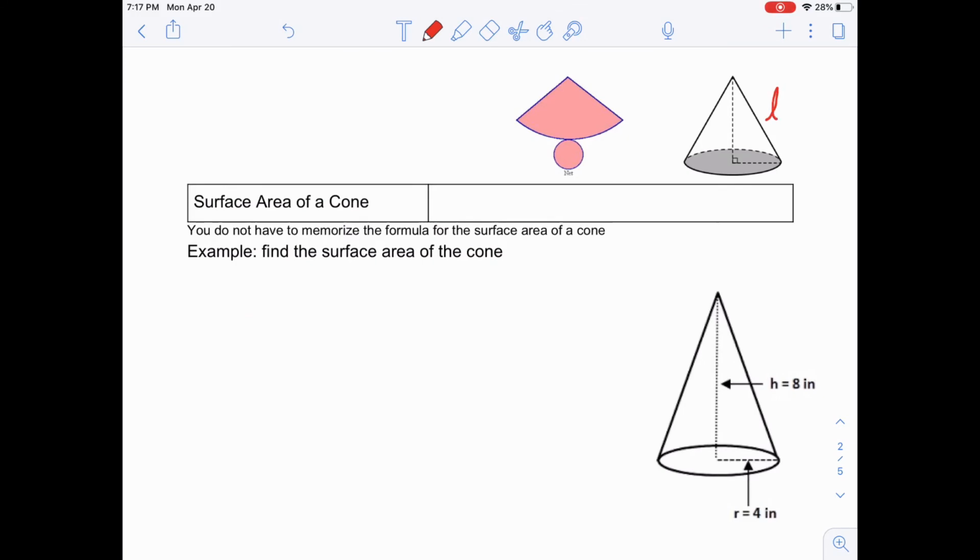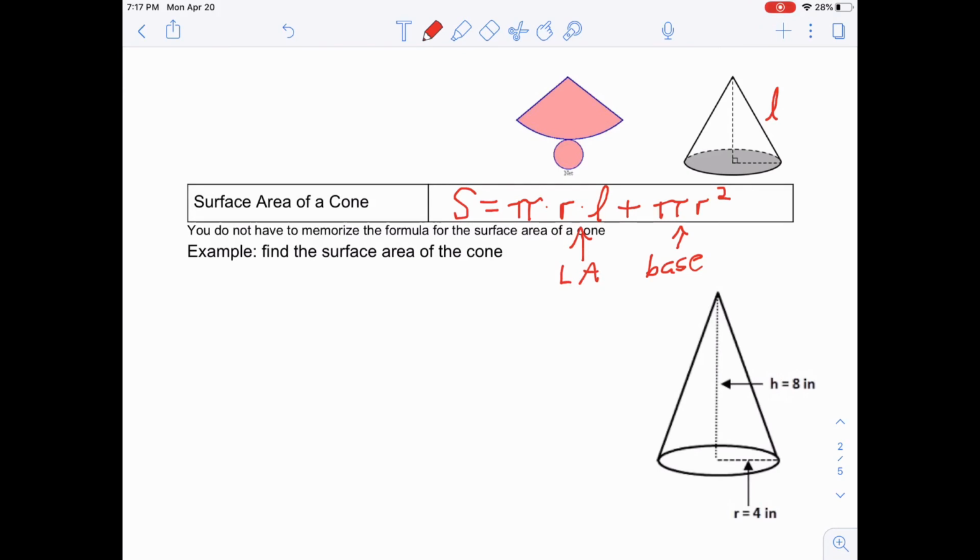And so what I need to use for surface area of a cone, that equals pi times the radius times the slant height, which is L, plus, that's the lateral area, and then plus pi r squared, which is the base. Okay, so this is the base area here, and this is the lateral area here.